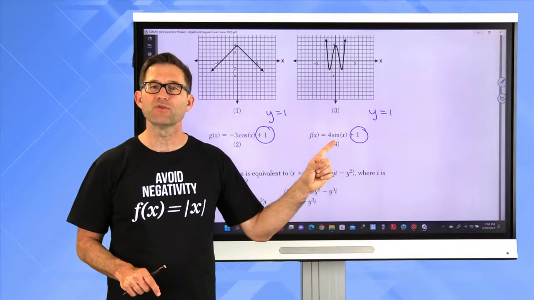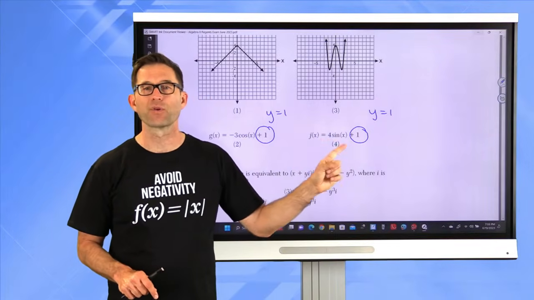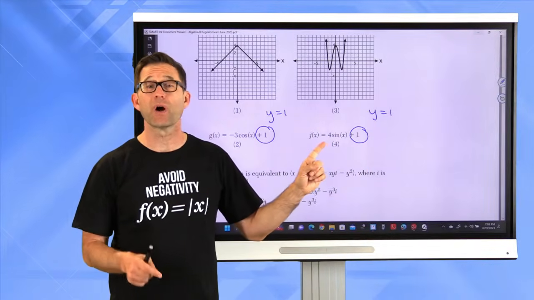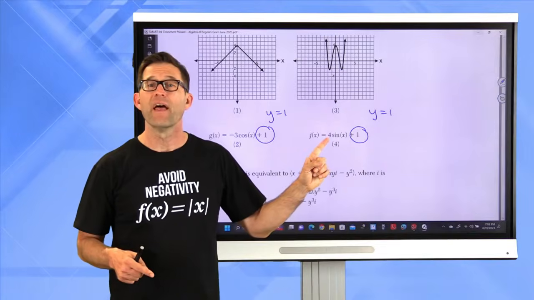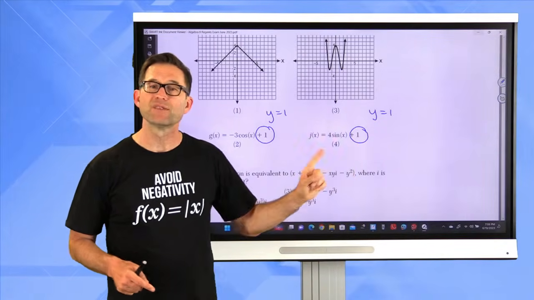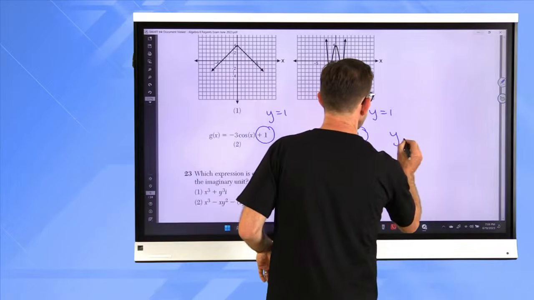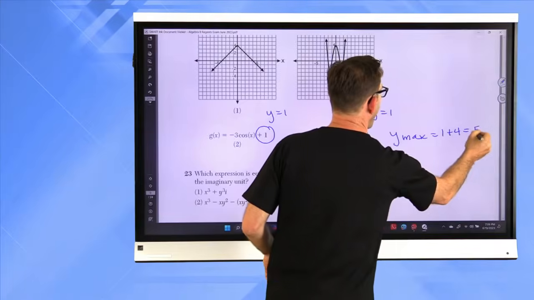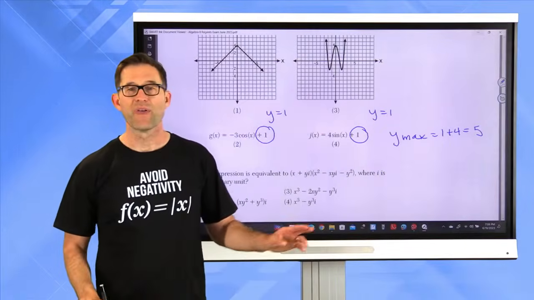Well, it would be tempting to choose this one because it's y equals 4 sine x plus 1. But that 4 is the amplitude. We were just talking about that with the tides problem. That is the amount you go above and below the midline. So in fact, the maximum value here is 1 plus 4, which is 5. So that's not the right choice.